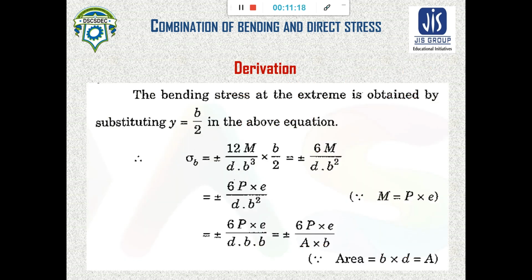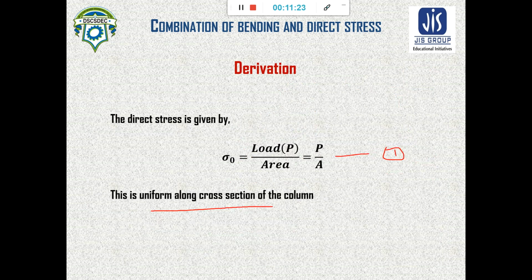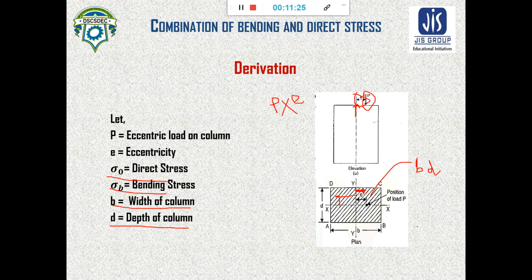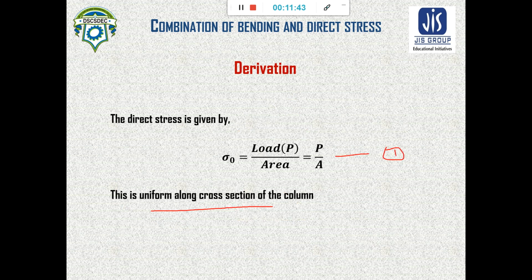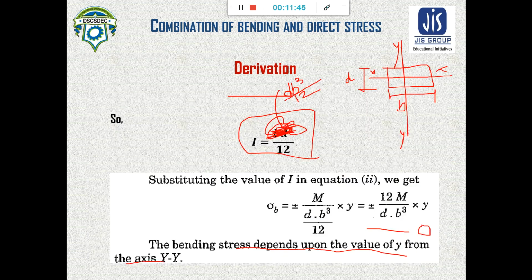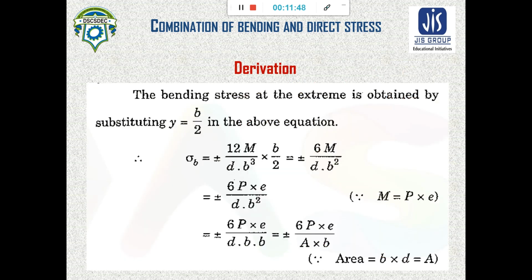So bending stress at the extreme point means when y is equal to b by 2. In this figure, when y is equal to b by 2, that means at point b, or at the section bc, the value of sigma b will be plus minus 12M by d b cube into b by 2.